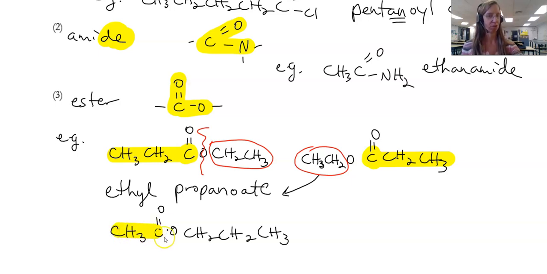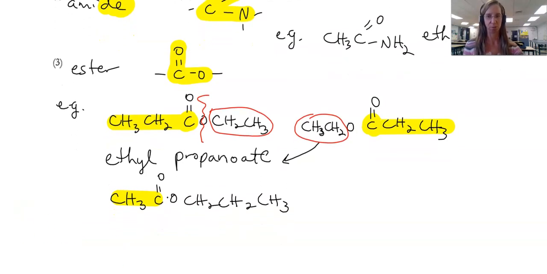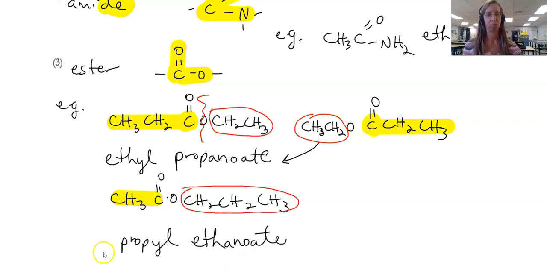Oh, that's only 2 carbons. So this one, and again, I've made it look kind of similar. Hopefully you can see the difference. So that's ethanoate as the main chain, and the side group is propyl. Propyl ethanoate instead of ethyl propanoate. They are different, although these two up here are the same.